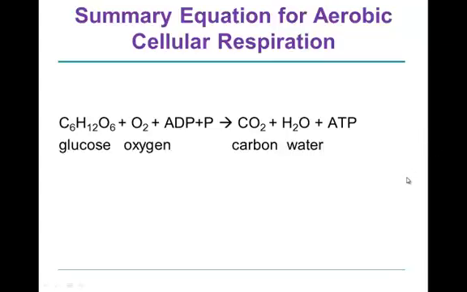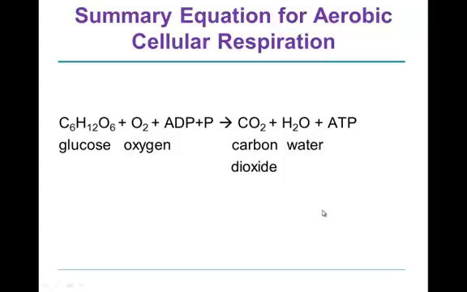You should be able to produce a similar equation. Glucose plus oxygen produces carbon dioxide and water. And notice that we start with the larger molecule glucose, and it's broken into smaller molecules, and it produces energy. And this is, of course, what allows life to continue.